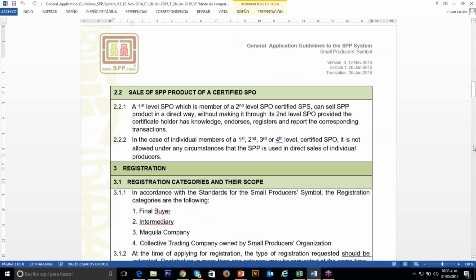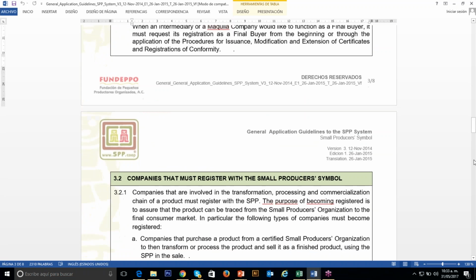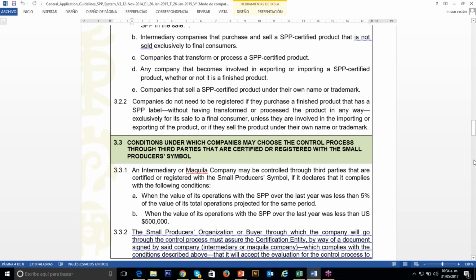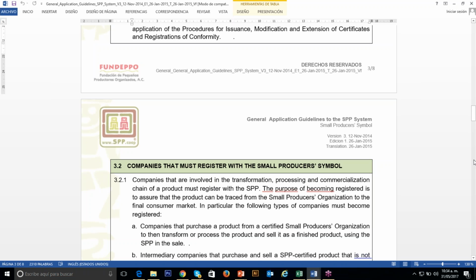The registration category is, a second please, companies. It says companies that must register with the small producer symbol, companies that purchase product.